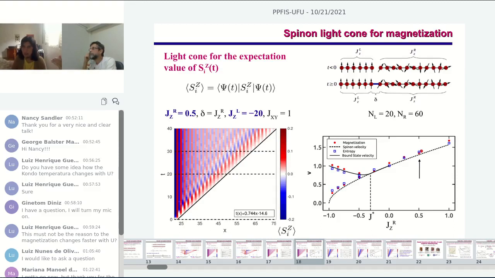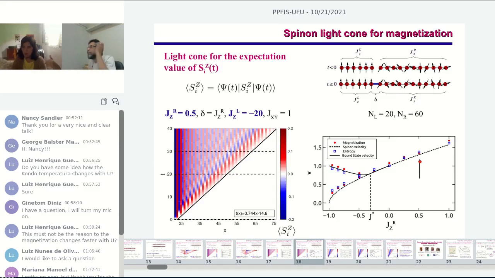And the dashed line here is the maximum velocity for spinons that comes from the Bethe ansatz solution, from the analytical solution at equilibrium, right? So the symbols are our numerical results out of equilibrium, and the dashed line, as well as the solid line, are results from an analytical solution given at equilibrium.